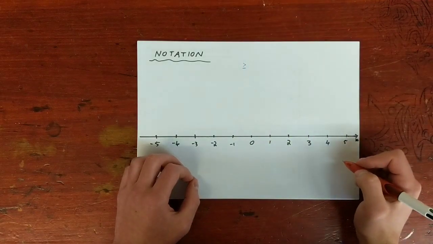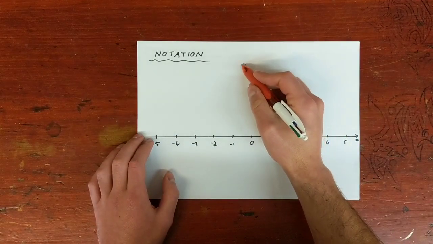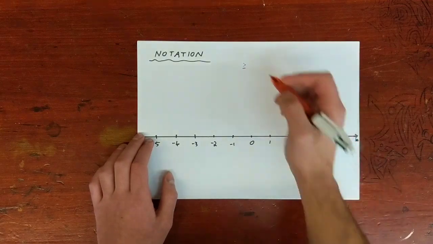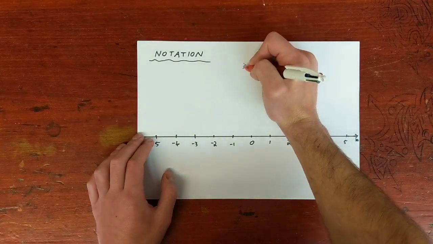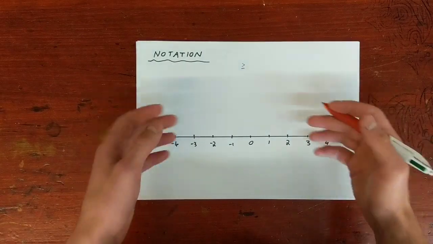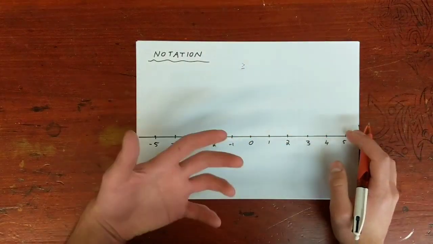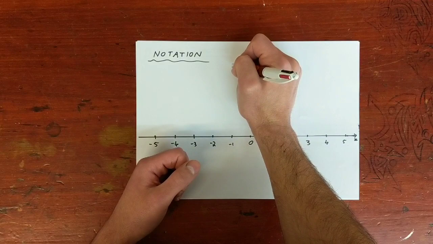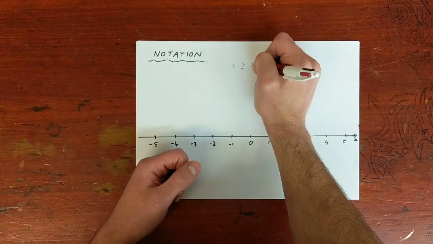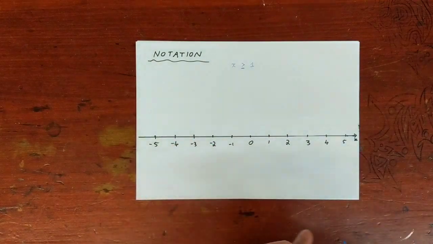There are two parts to this symbol: the arrow-looking thing and the line. The arrow-looking thing means greater than, and the line underneath means equal to. So here we're talking about something being greater than or equal to. For example, I could say x is greater than or equal to 1.